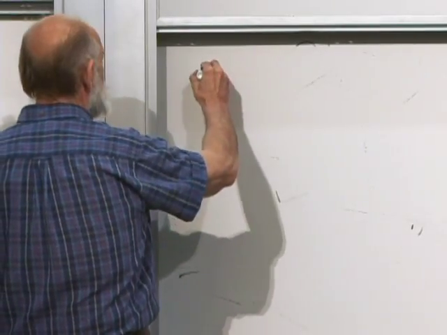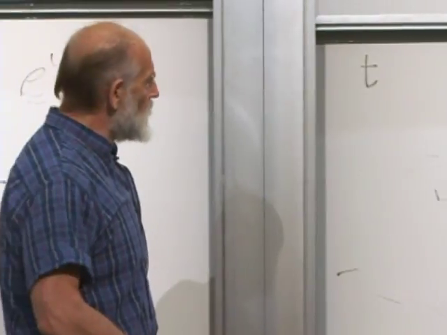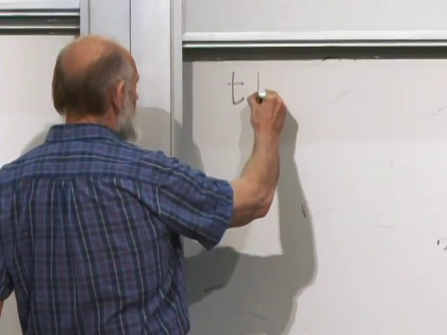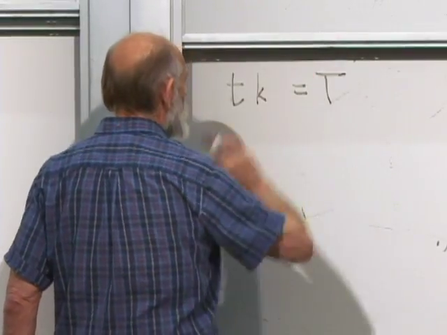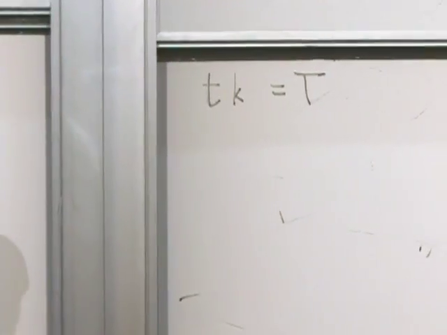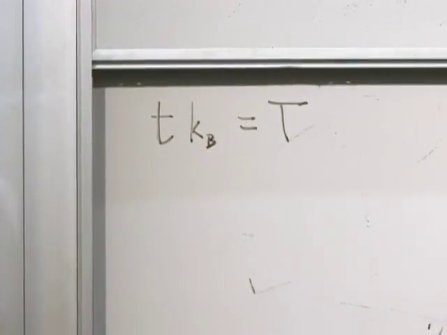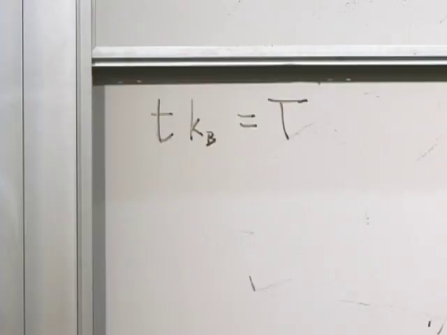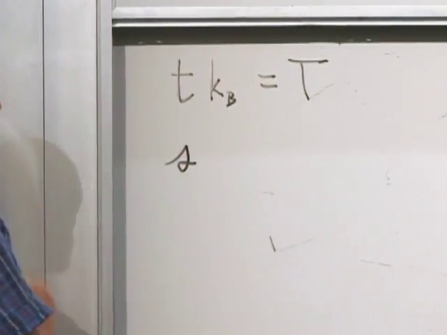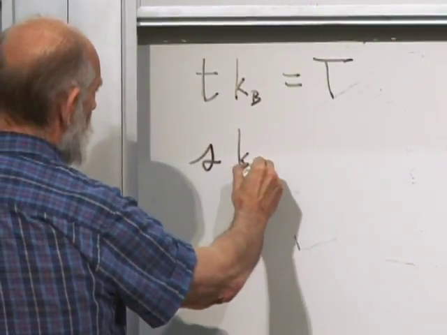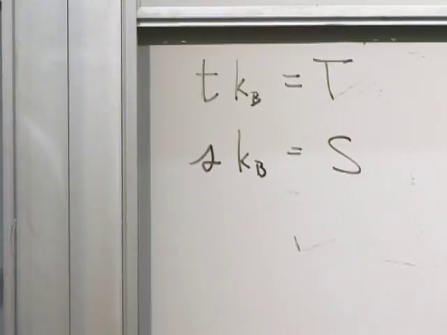I'll call it temperature little t, and little t is such that it times the Boltzmann constant is what I call big T. That's where the Boltzmann constant comes in. And also the standard undergraduate textbook definition of entropy, which I will call little s, you also multiply that by K Boltzmann to get what I call big S, what I call entropy.